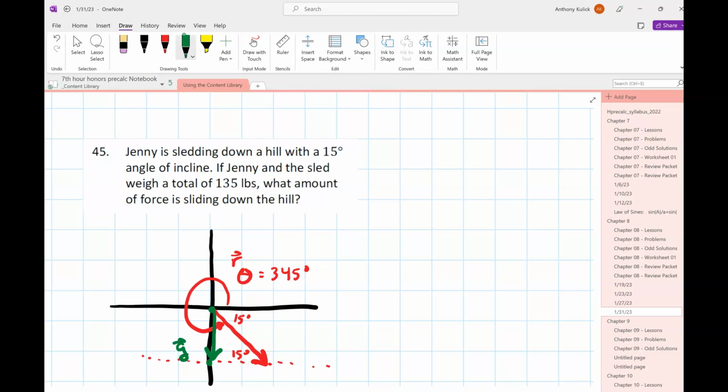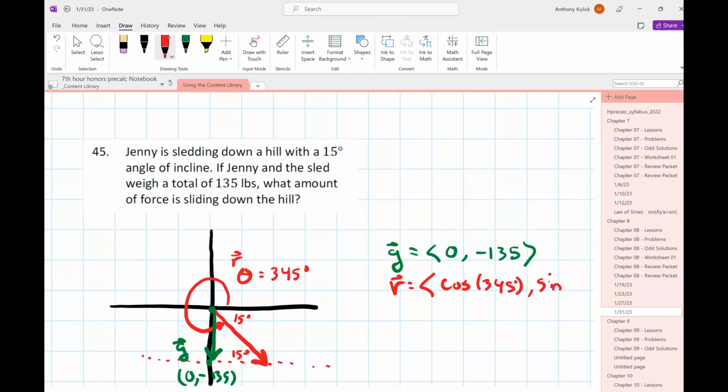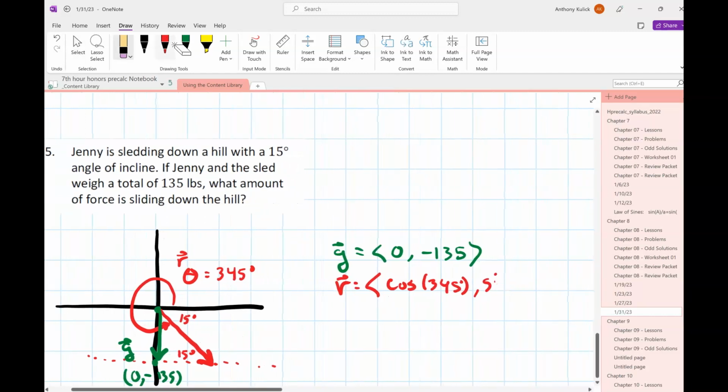What point is going to be at the end of that? 0, negative 135. So the gravity vector is 0, negative 135, and my ramp vector is cosine 345, sine 345. We're not given any dimension for this ramp, so I'm just going to assume that it's a unit vector.